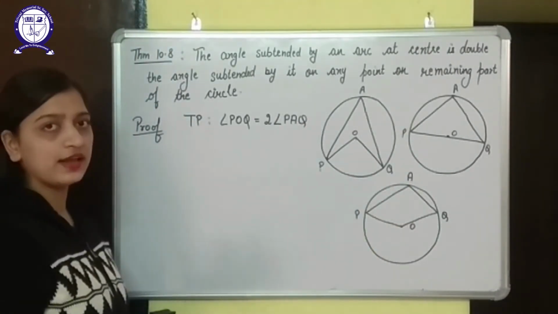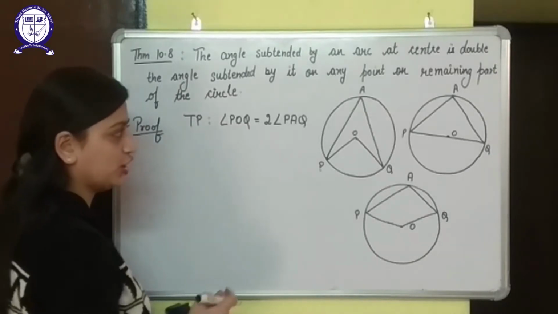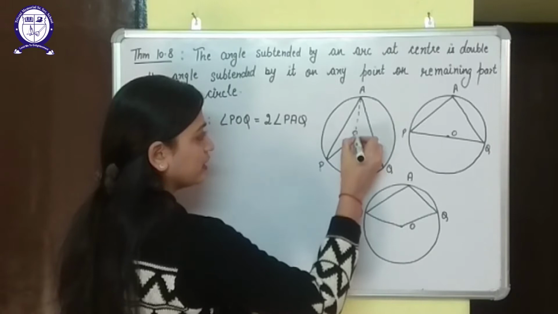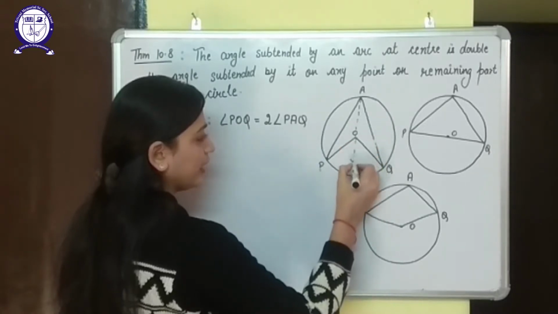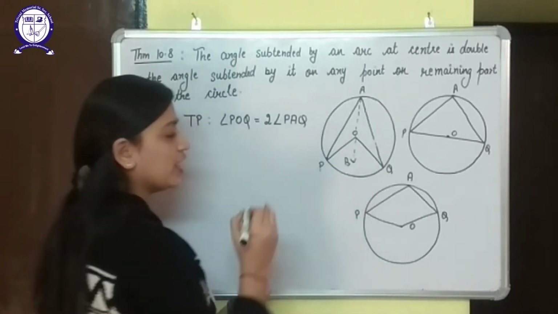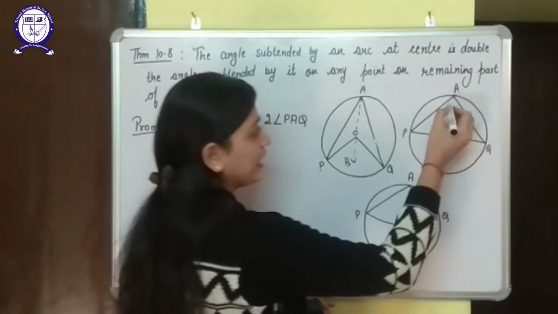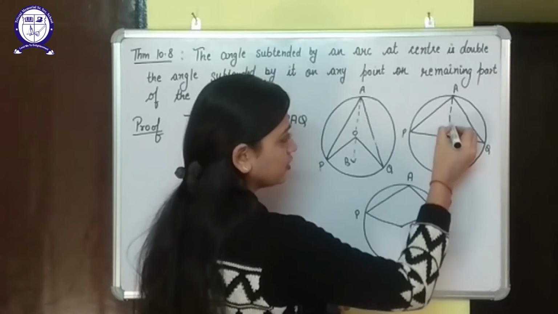Now in this theorem, we are going to do a construction. Draw a line AB, cutting the center O. Similarly, this line will be formed in this figure.